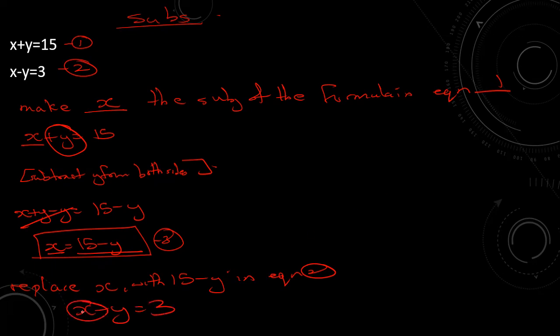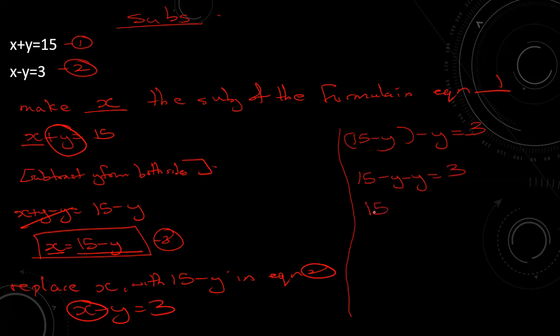We replace x with 15 minus y, put it in the bracket first: 15 minus y, minus y equals 3. Now open the bracket: 15 minus y minus y equals 3. So 15 minus 2y equals 3.